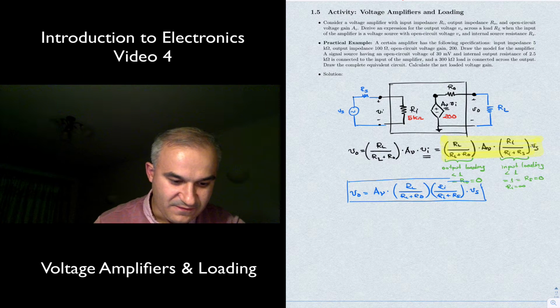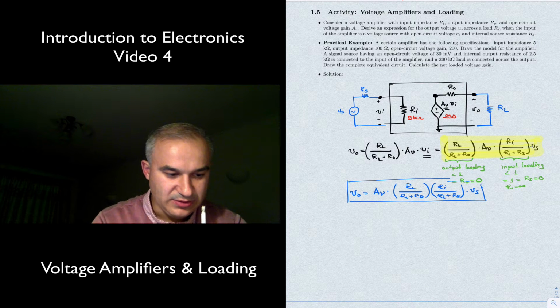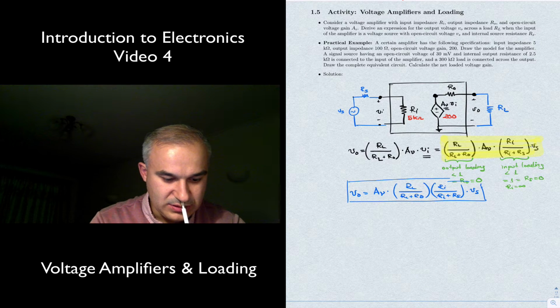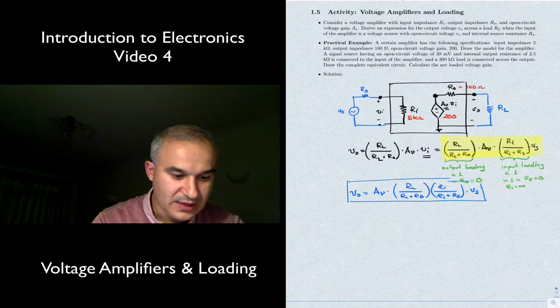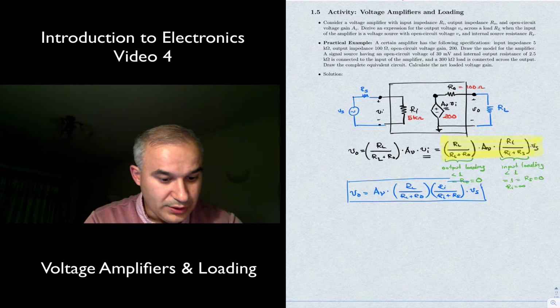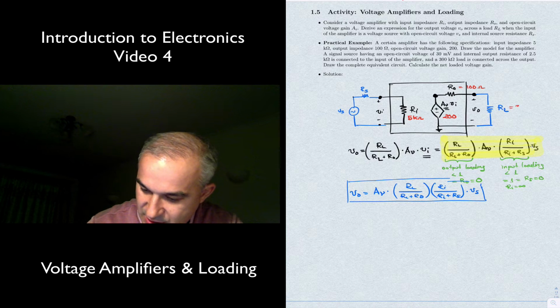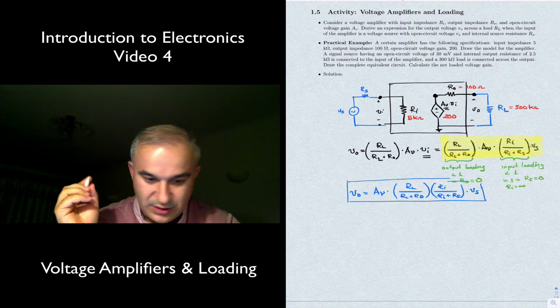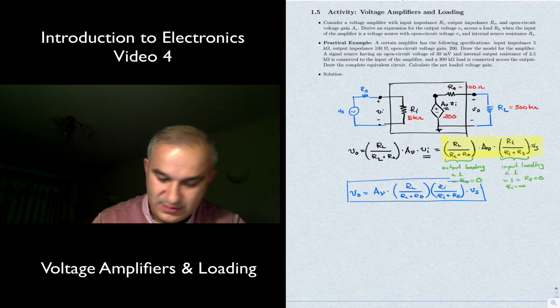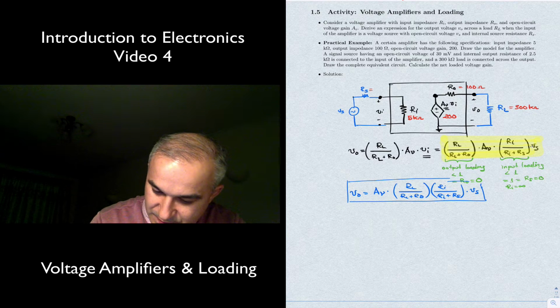We have an output impedance of 100 ohms. We have a load of 300 kilo ohms, and we have a source with 2.5 kilo ohms.